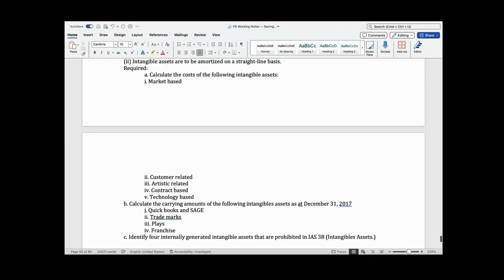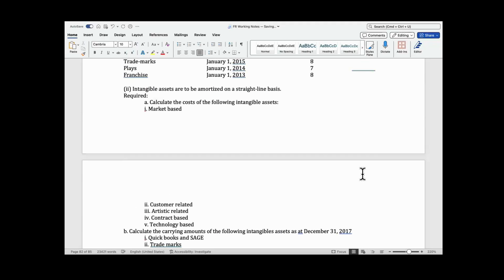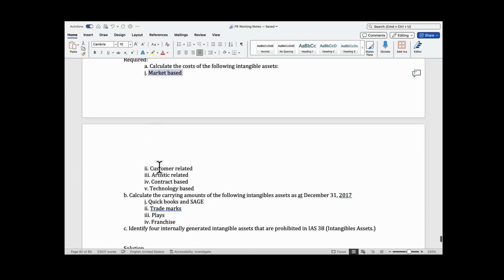I'm sure you would agree with me that I did not teach you this type of classification, and that's because it does not exist within IAS 38. So I really don't know where they got this type of question. It was good luck for our students that diet, because they all got bonus.